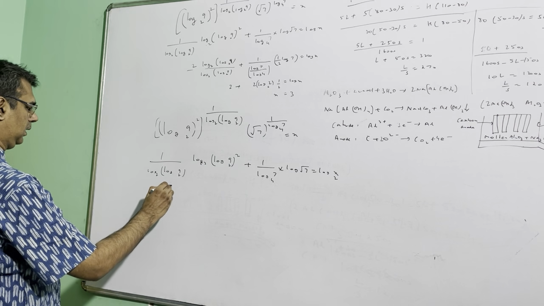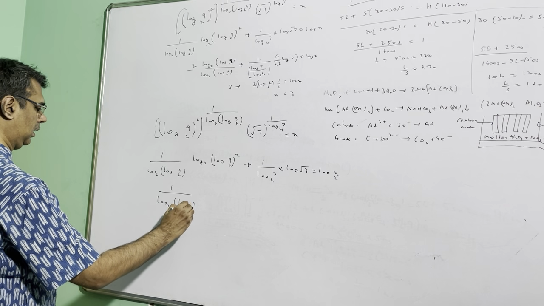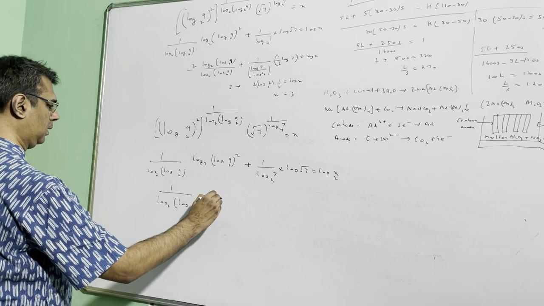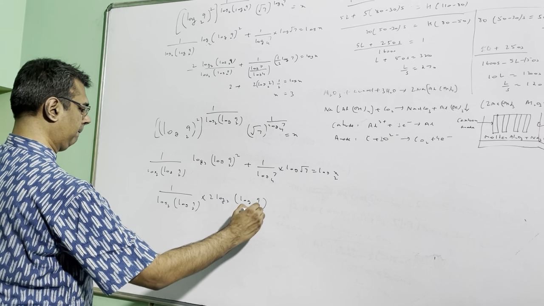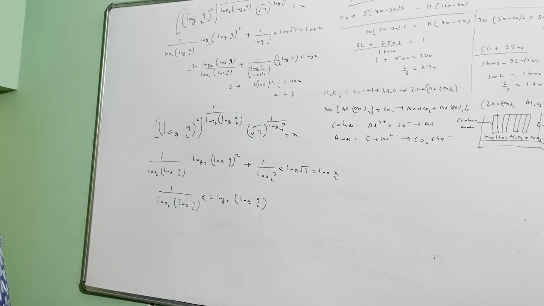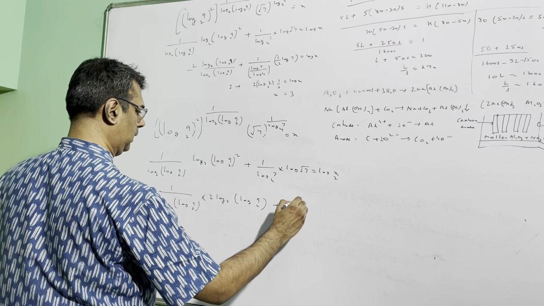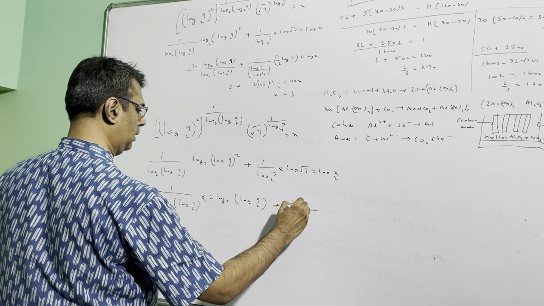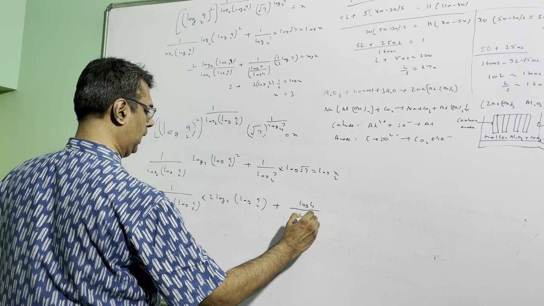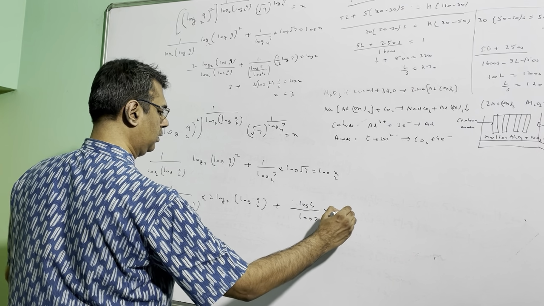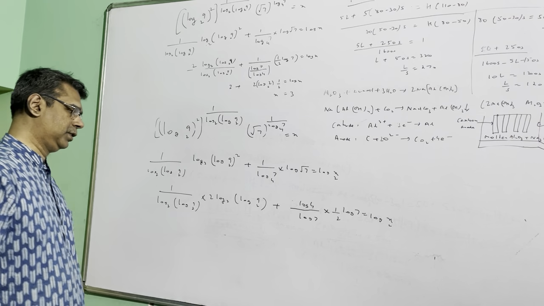Over here you will see that I'm getting log 9 base 2 into 2 log base 2 log 9 base 2 plus log 4 by log 7 into half log 7 is equal to log x base 2.